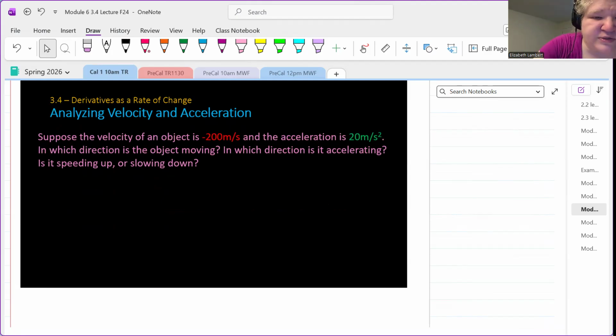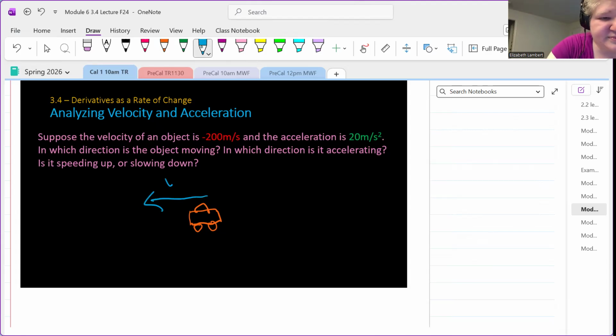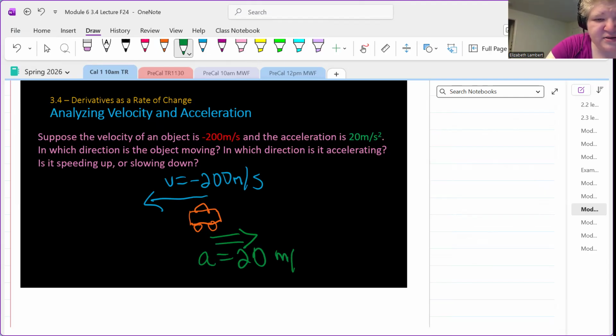So if I think about my little car, the velocity is negative 20 meters per second. The acceleration, though, is positive 20 meters per second squared.